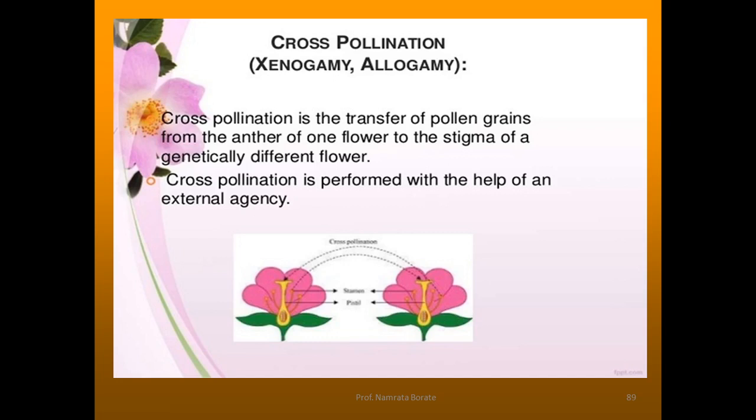Means here a pollinating agent is involved. Again, it is a type of cross-pollination when pollen grain of one flower is deposited on the stigma of a flower of a different plant belonging to the same species with the help of a pollinating agency.